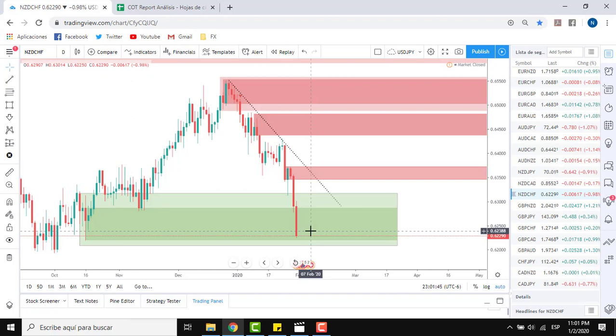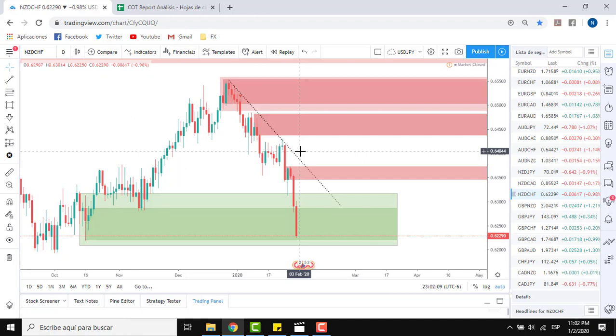Fundamentally, this is not a good scenario. I'm aware of that, because in risk-off environments, currencies like the Swiss franc and JPY get strong, and that's the case on this one. That's why CHF is getting so strong because of coronavirus.